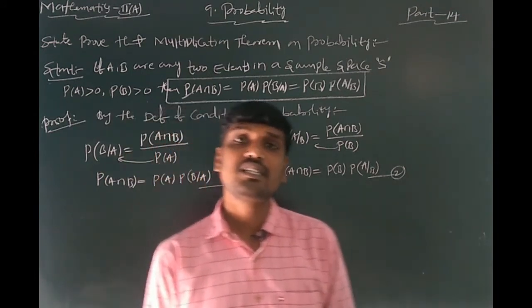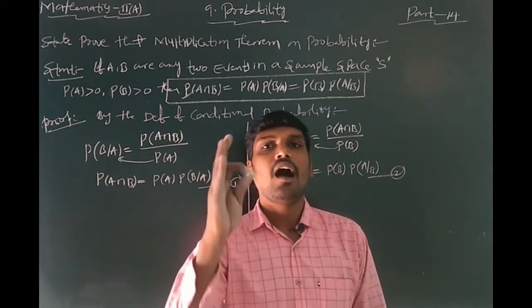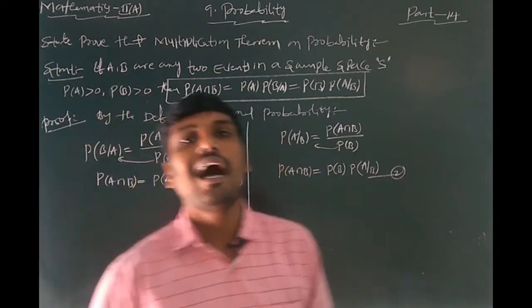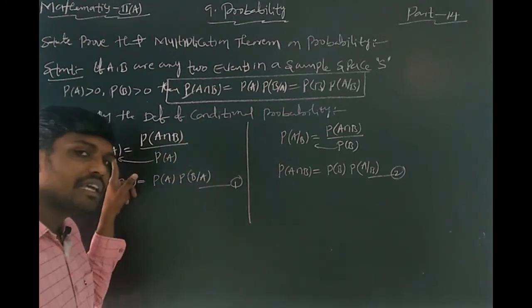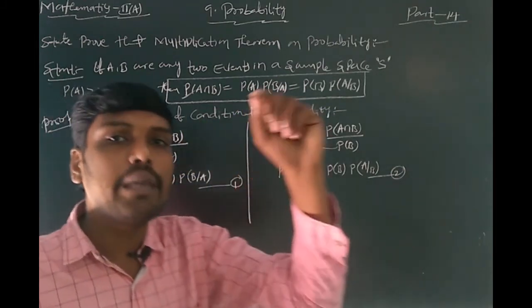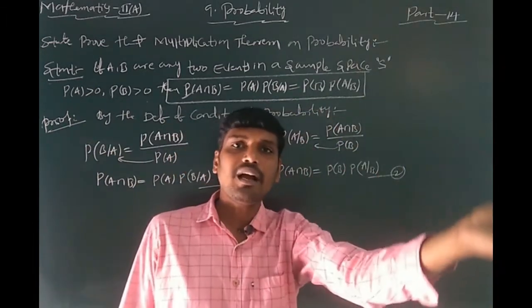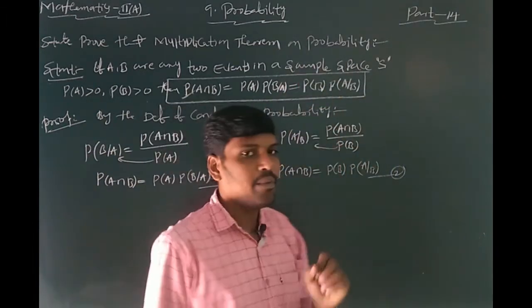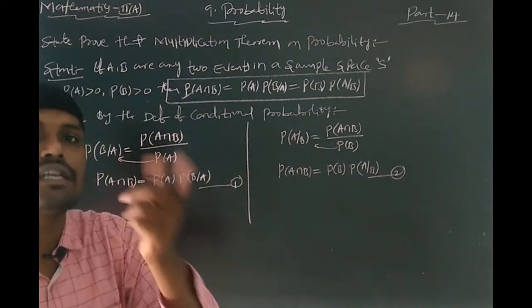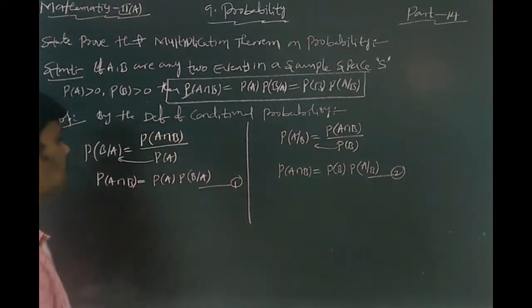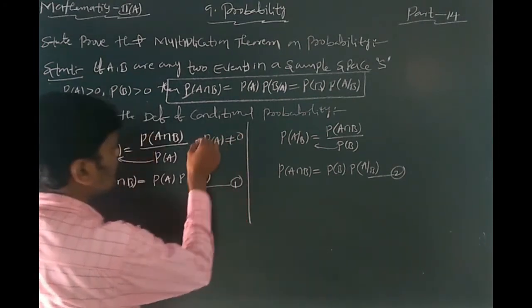What is the definition of conditional probability? The probability of B occurring after A has occurred is called P of B by A. The probability of A occurring after B has occurred is P of A by B. We know the formula for P of B by A is P of A intersection B by P of A. Here P of A must not be equal to 0.